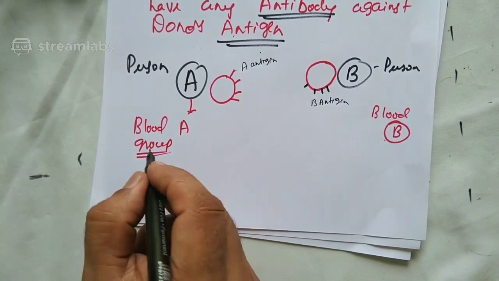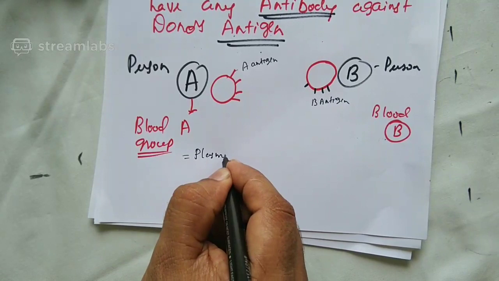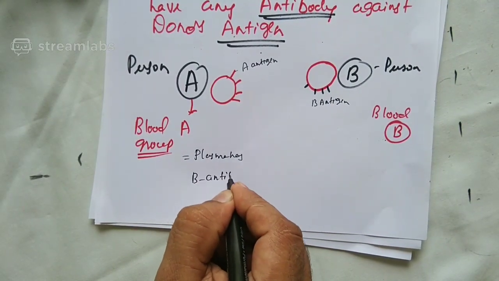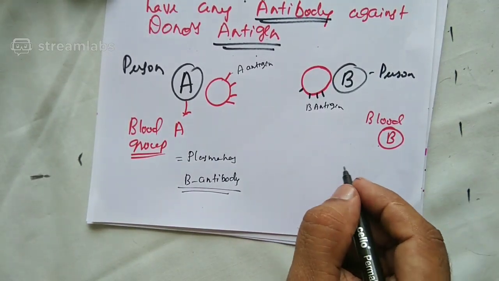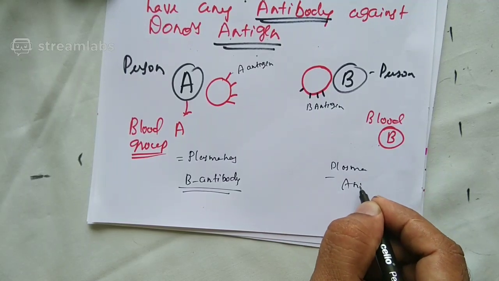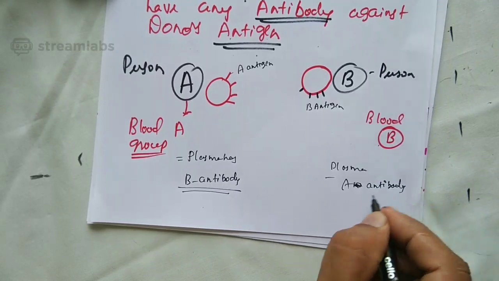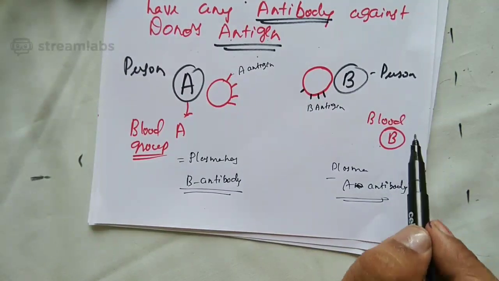But person A's plasma has B antibody, and person B's plasma has A antibody. A person who has blood group B cannot form B antibody.